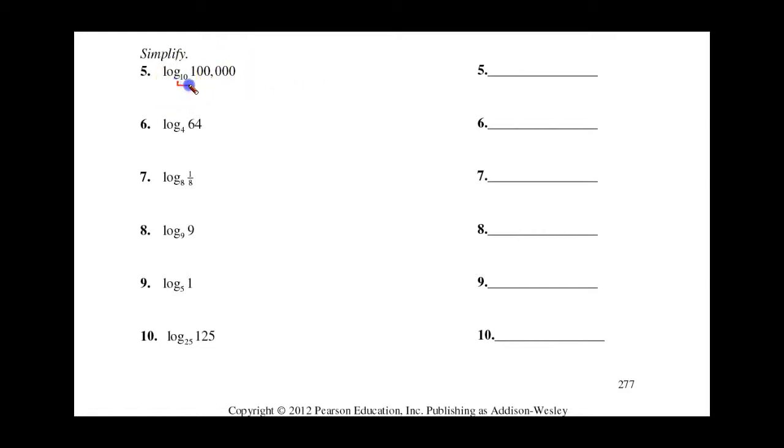So our base is 10. 10 to what exponent will equal 100,000? And let's just set them up like this. Base 4 to what exponent will equal 64?